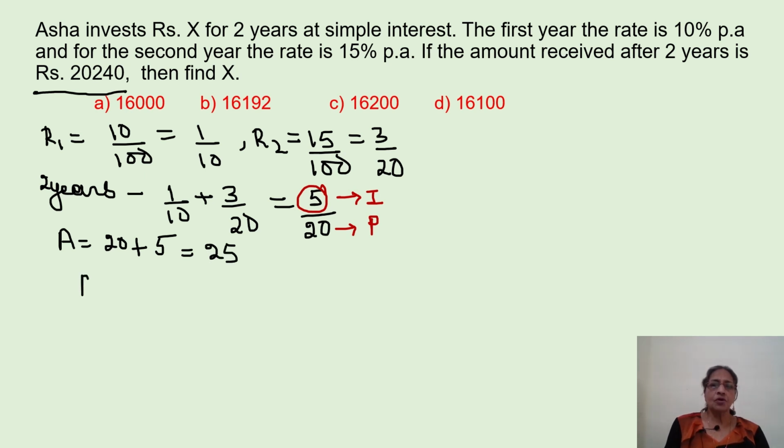Now you can have your two columns. If the amount is 25, what I need to find is X. X is nothing but the principal. So the principal is 20. Amount is so much. How much is this?